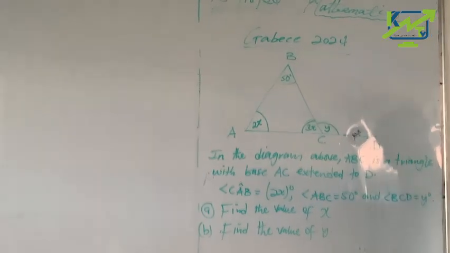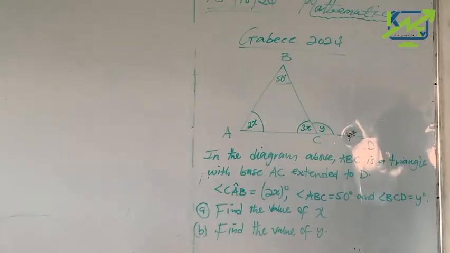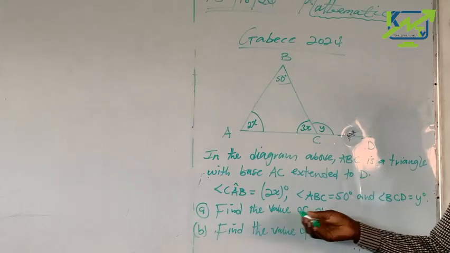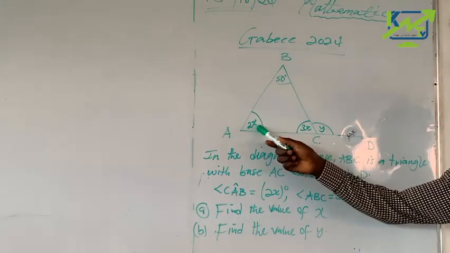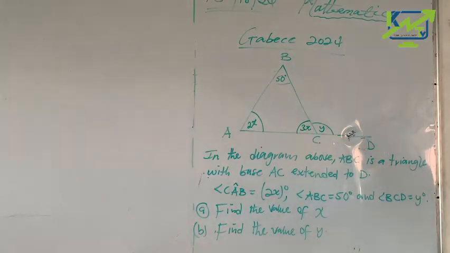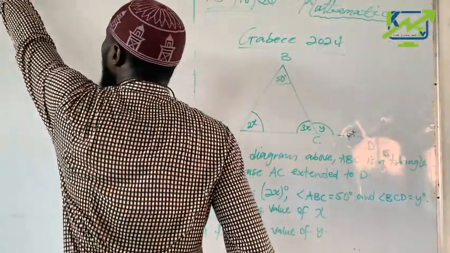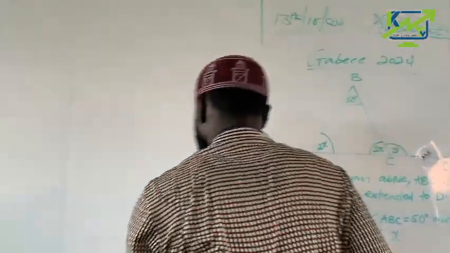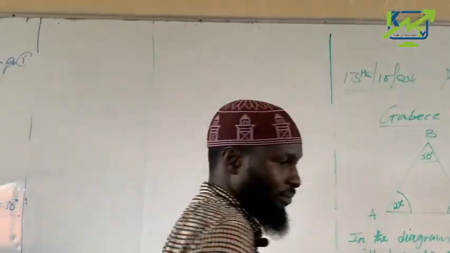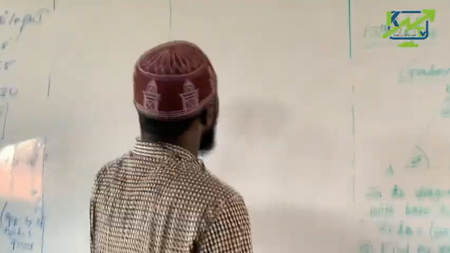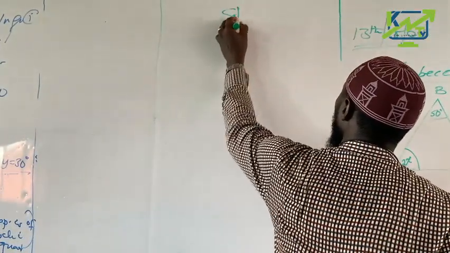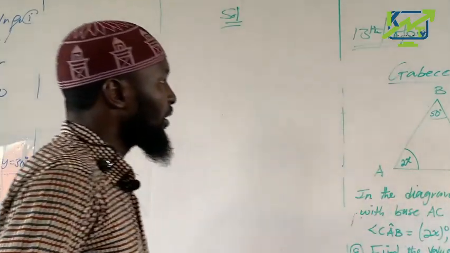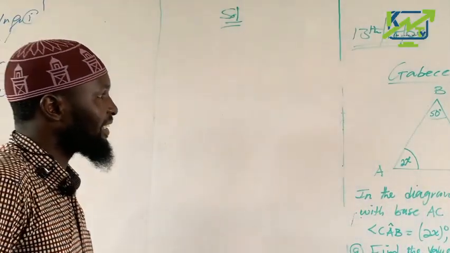Now, we are going to start with x. Find the value of x, because we must know the value of x. So how are we going to find the value of x? First, we set up the solution.